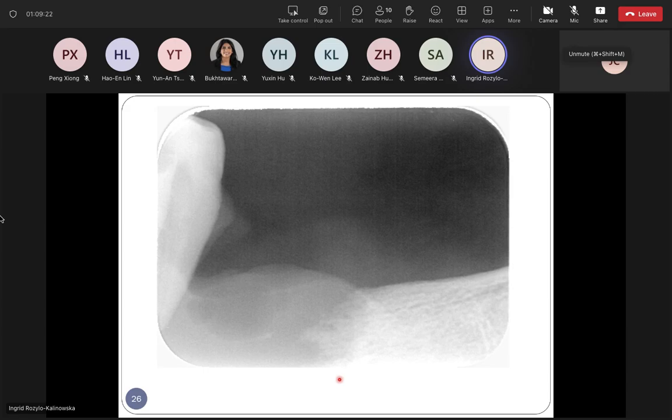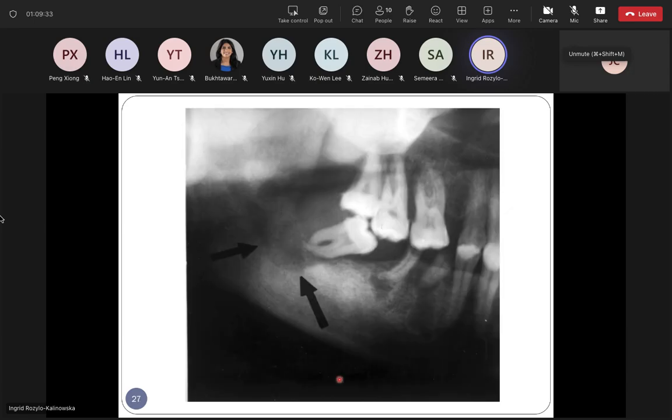And in the radiographs, it's radiolucencies which are ill-defined. In this periapical, of course, you can't see the whole extent of the tumor. And here is an example of this tooth floating in space.